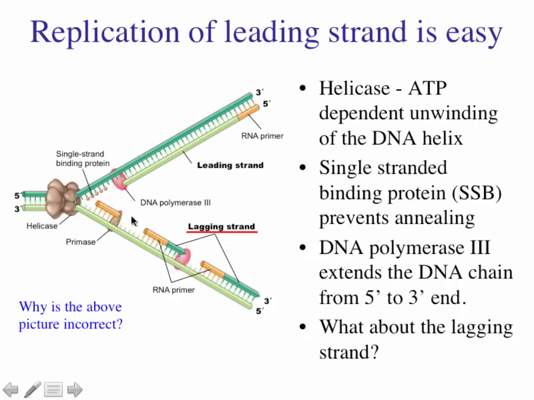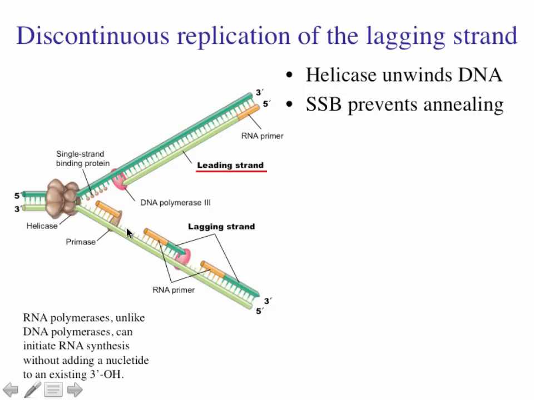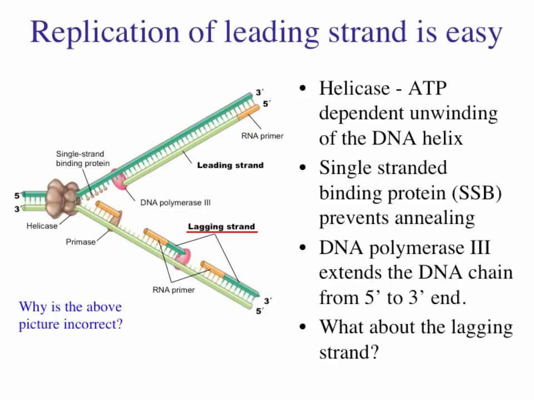So you're going to have the formation of the Okazaki fragments, which allow the smaller pieces of DNA to be replicated. What is not shown here very accurately is that the helicase and the primase are actually associated together, because the helicase is on the lagging strand. As the helicase is opening the DNA, the primase is putting a primer.